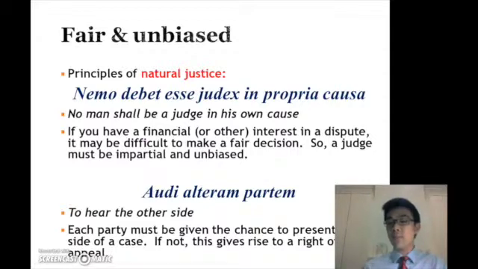If not, this gives rise to a right of appeal. And that's something that we always see in our cases. There's always a plaintiff and a defendant, or there's the prosecution and the defense, and both sides present their case. If that doesn't exist, then we can say that the principles of natural justice haven't been met, and therefore we don't have a fair and unbiased hearing.